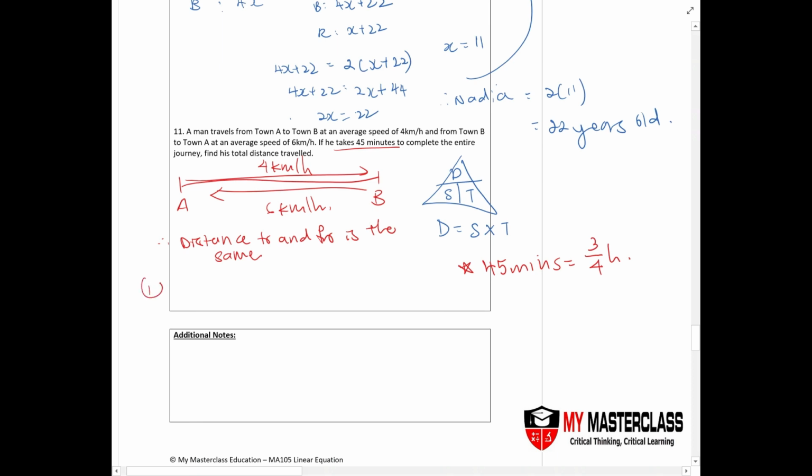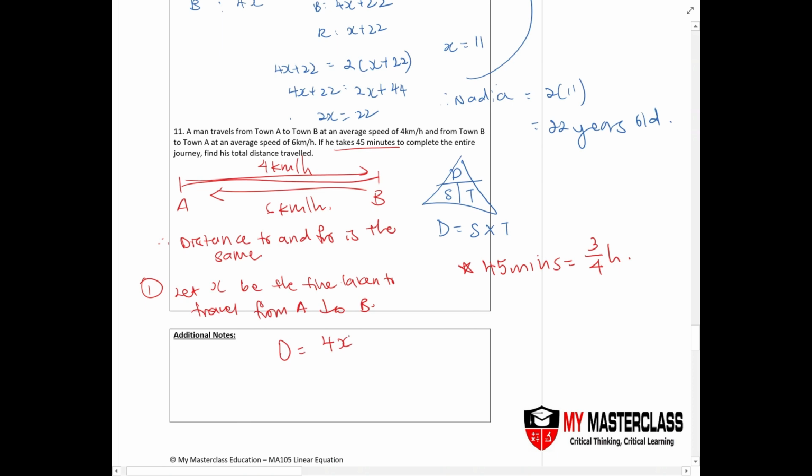Now I'll let x be the time taken to travel from A to B. So my distance, which is speed times time, is 4x.